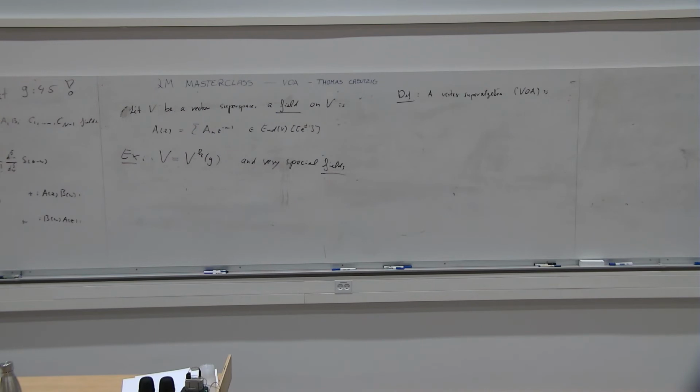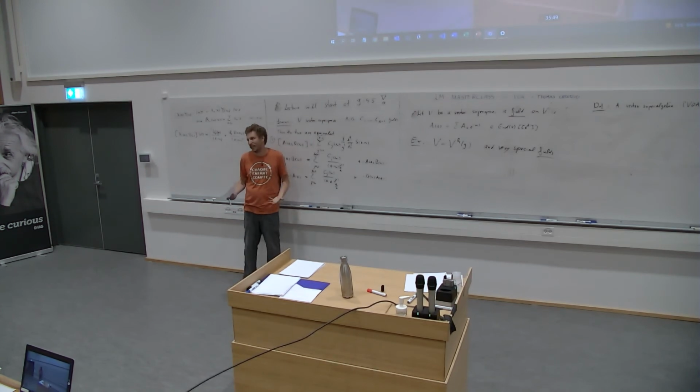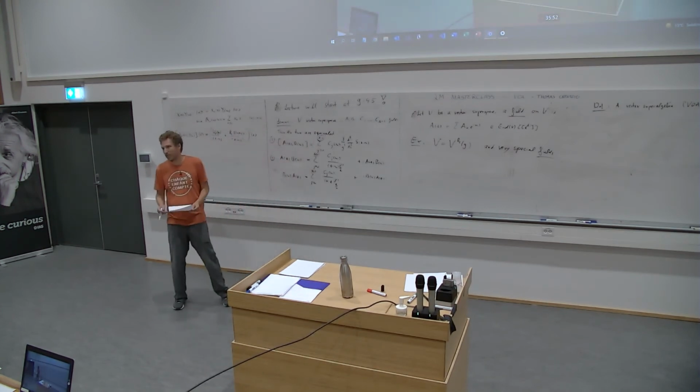What you want is products of fields to be, up to this normal ordered product, polynomials in z minus w inverse with coefficients fields again. That is simply structurally a very nice property. If we at some point define some kind of pairing between modules, then this product will translate to certain functions, meromorphic functions with bounded poles in z minus w. So this product gives you some kind of nice pairing of fields.